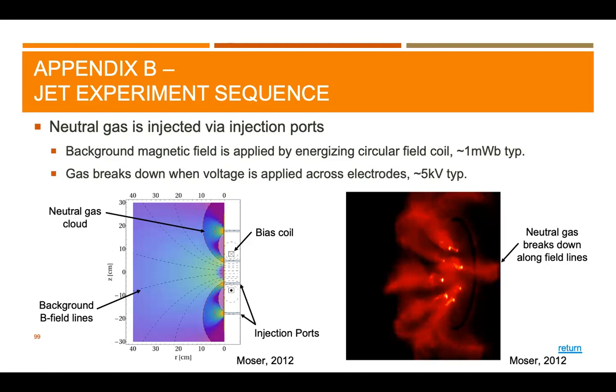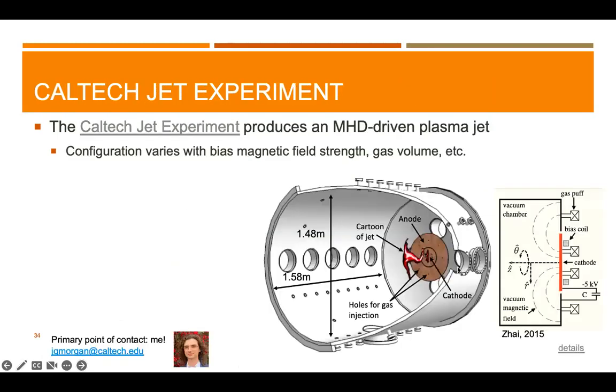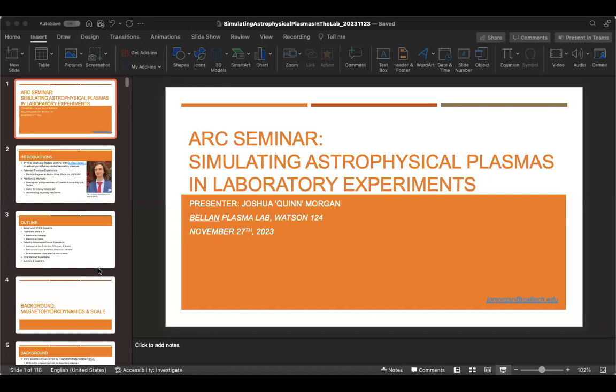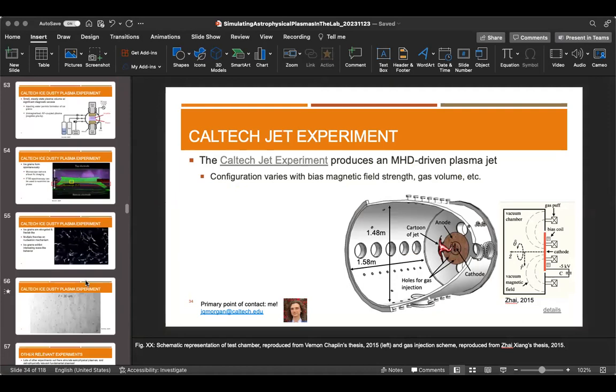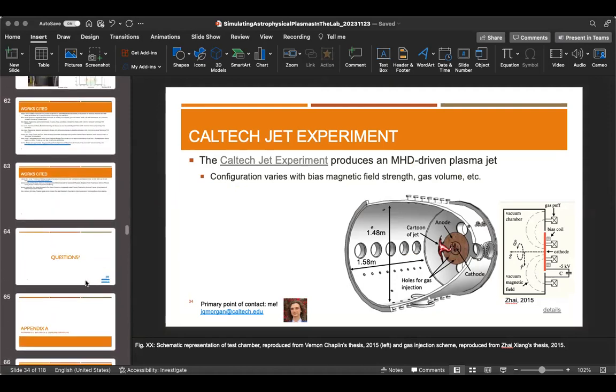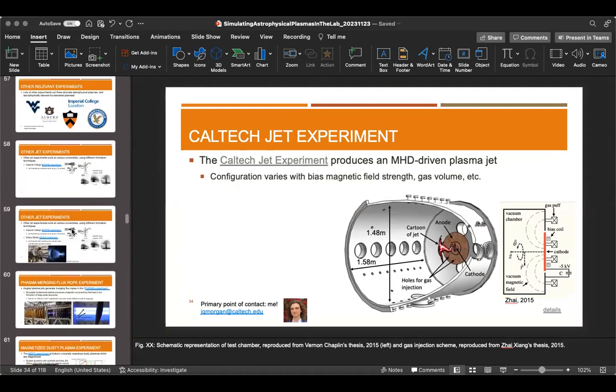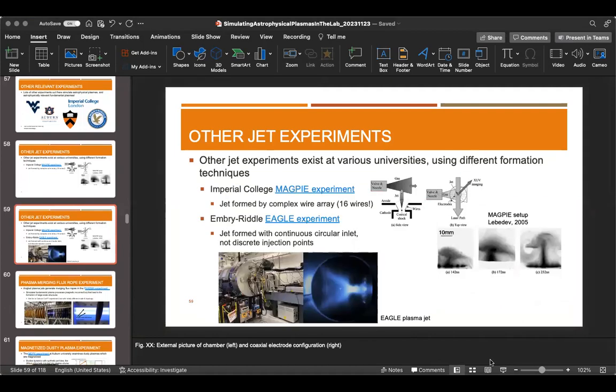That's why the Eagle system might actually be a better representation, because it has that continuous sheet-like beginning, which more accurately represents what we expect to happen in an astrophysical jet. So I hope that is sort of an answer to your question.